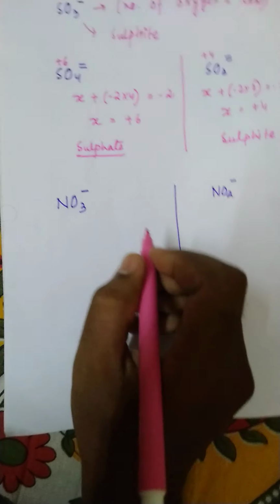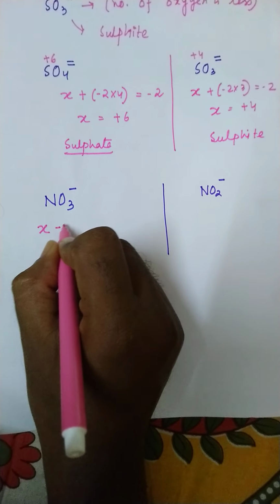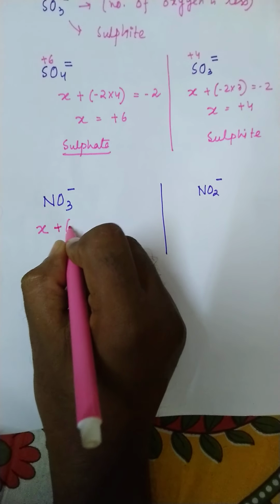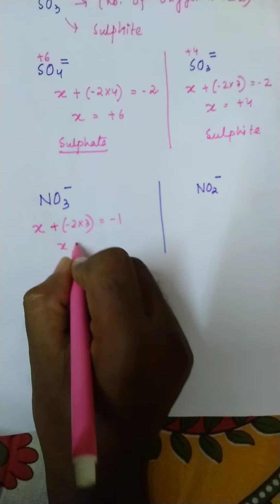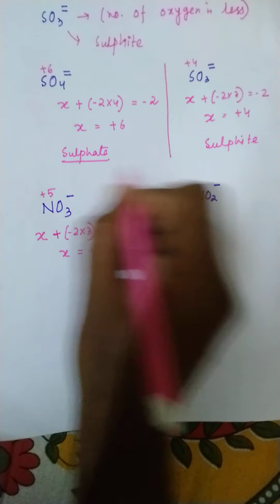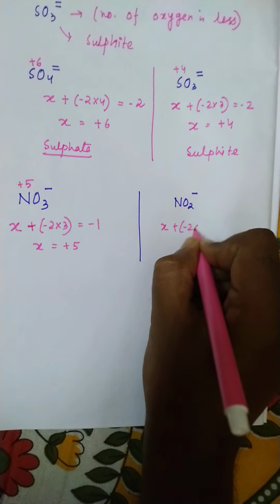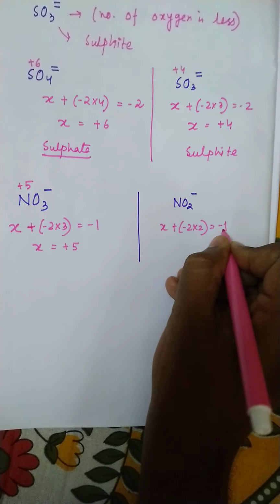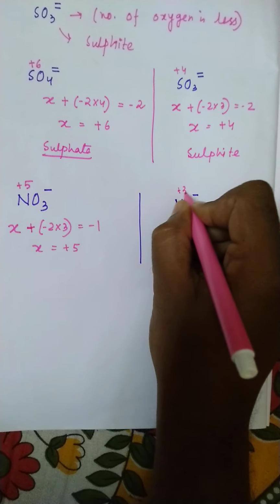And if we consider the oxidation state, here it is X plus -2 multiplied by 3 equals -1, X equals +5. So it is +5, and here X plus -2 multiplied by 2 equals -1, X equals +3. So this is +3.